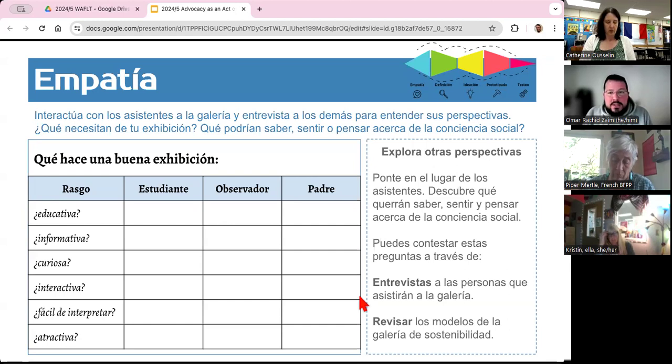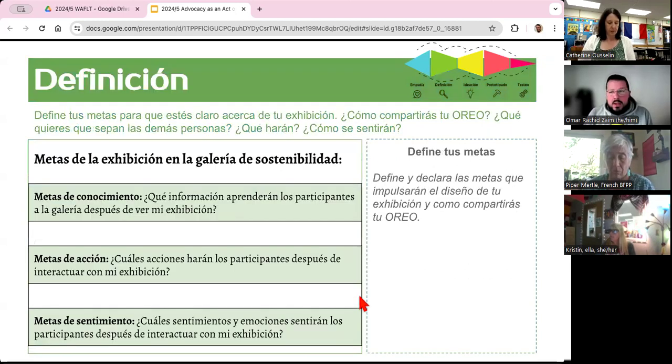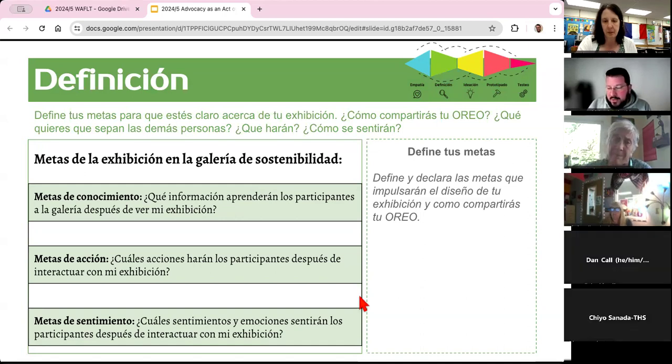So each step has a slide where they're thinking through what it is that they're going to do. They're empathizing: what are they going to do to make sure that their proposal is successful. They are going to define their goals so that they can think about what I want my participants, the people who are viewing my proposal, to feel, to think, and to do.